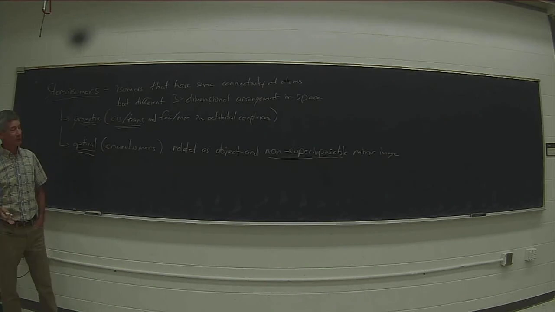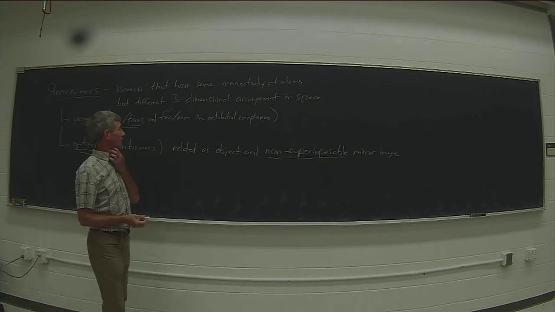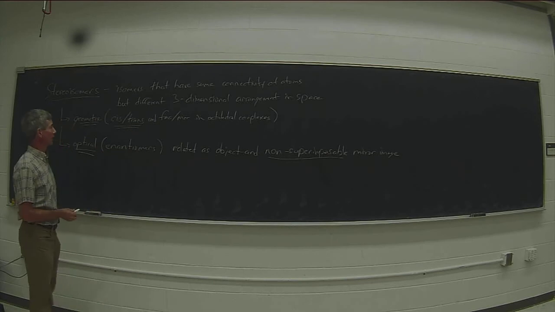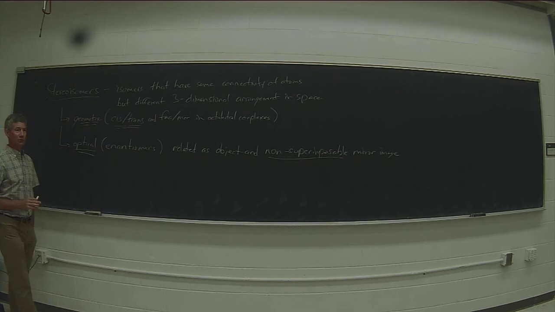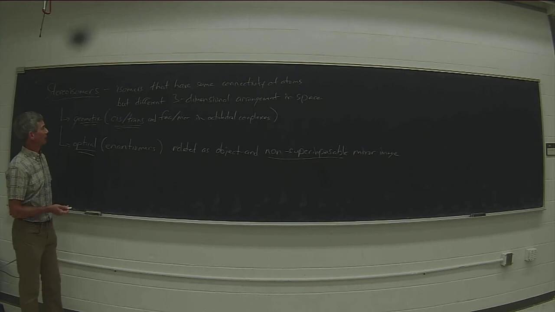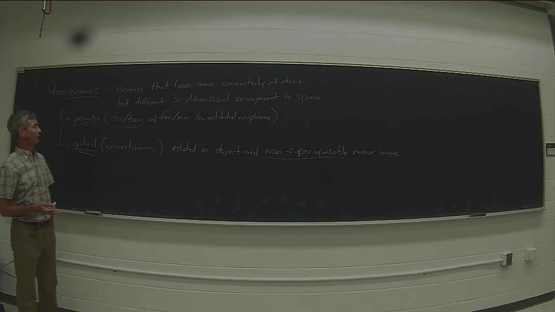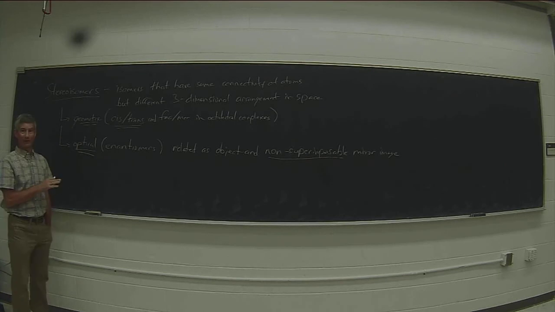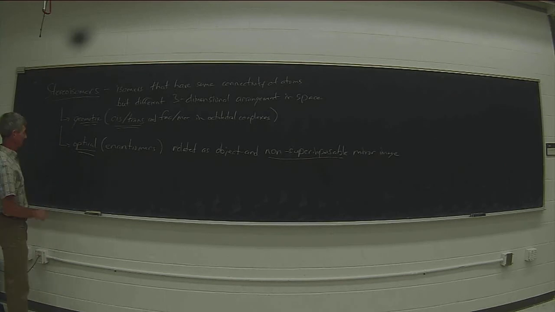We don't have octahedral carbon because carbon only has four bonds, so we will not, in fact, be interested in facial and meridional isomers. But we're going to need to be a little bit more specific about some of the types of stereoisomers that don't fit neatly into either of these two classes, either optical isomers or geometric isomers.